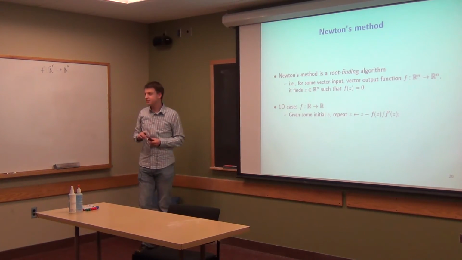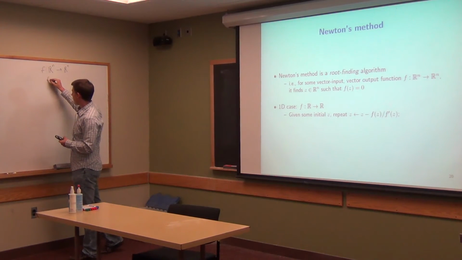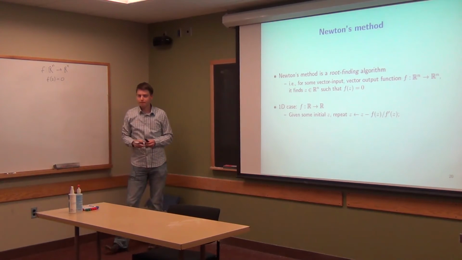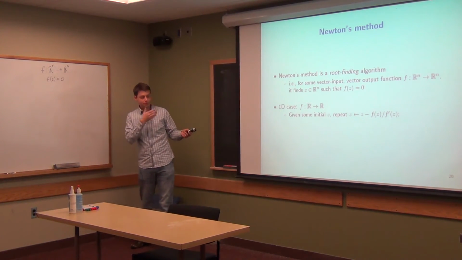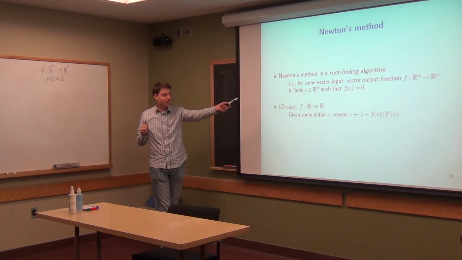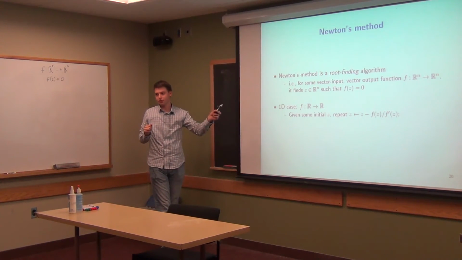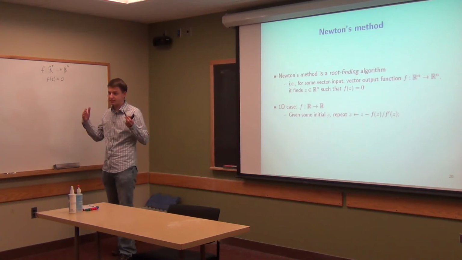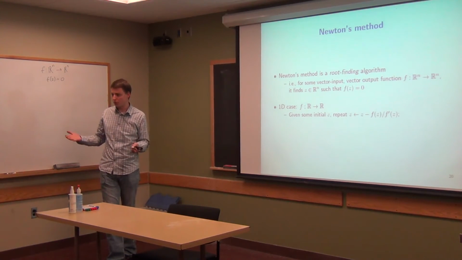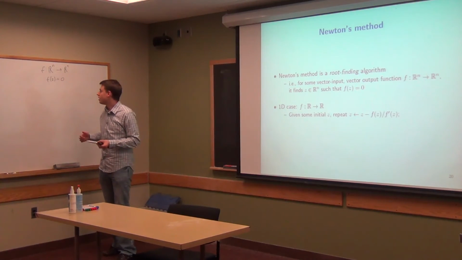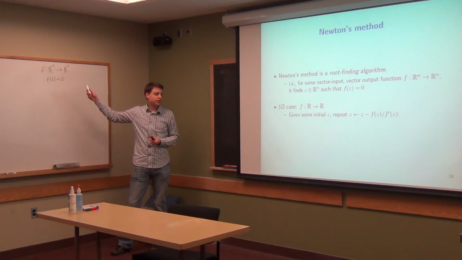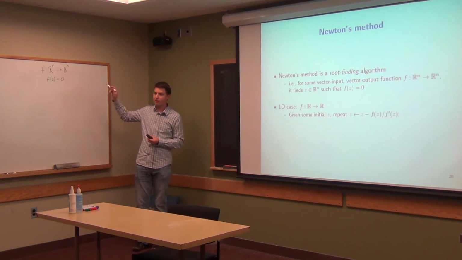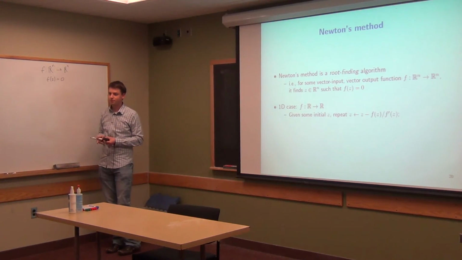What Newton's method does is it finds some z such that f(z) = 0. Eventually, we're going to apply this where the function itself is the gradient. That will find a point where the gradient is equal to 0, which, by our conditions, is the optimal point for our optimization problem. But Newton's method in general is just a method for finding roots of an equation.